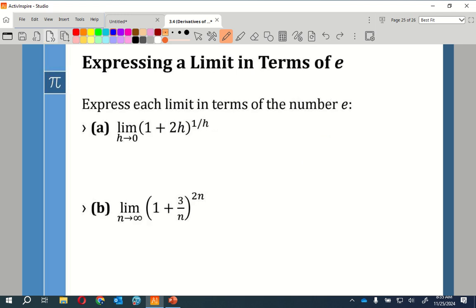All right, so this one right here is really close to the other one that we had, right? What's different about this one? Because this one has a 2, what do you think that 2 is going to do?